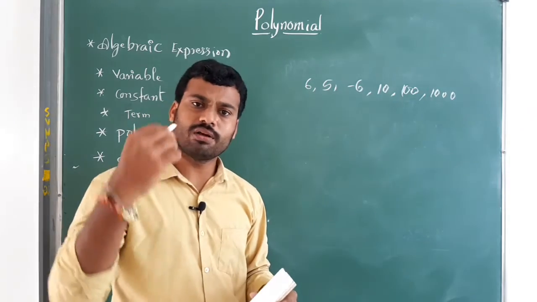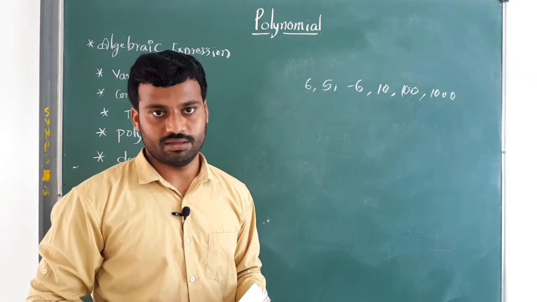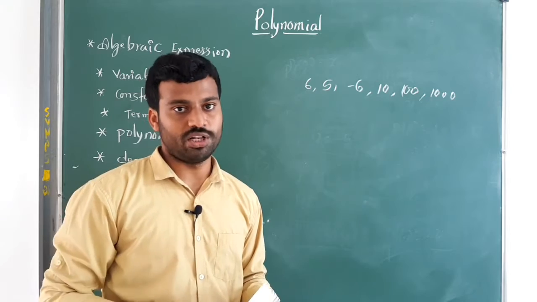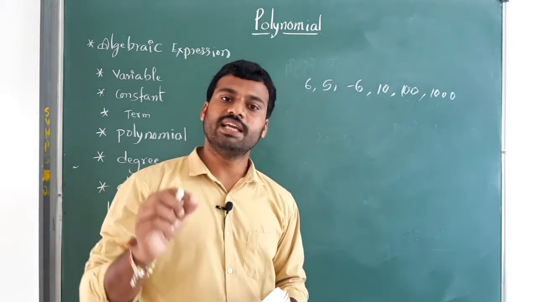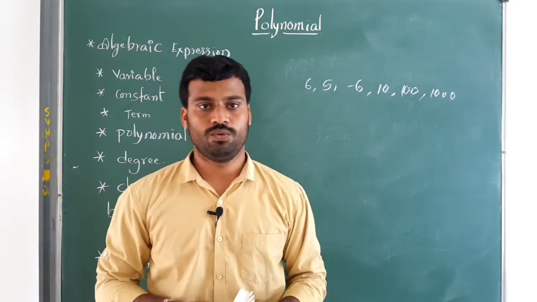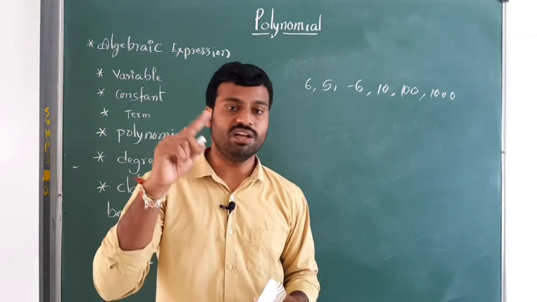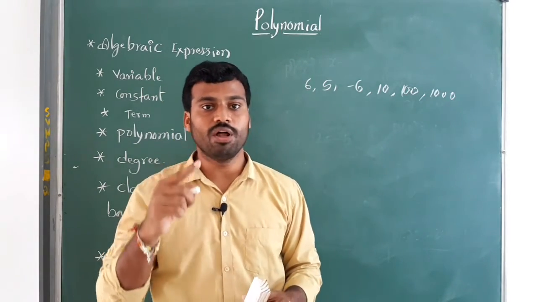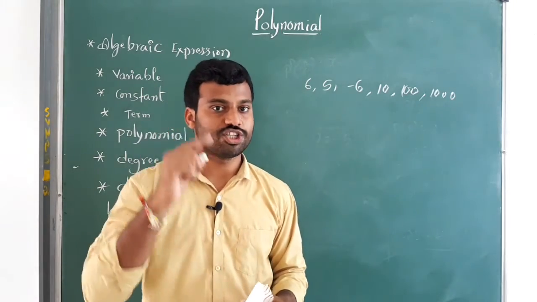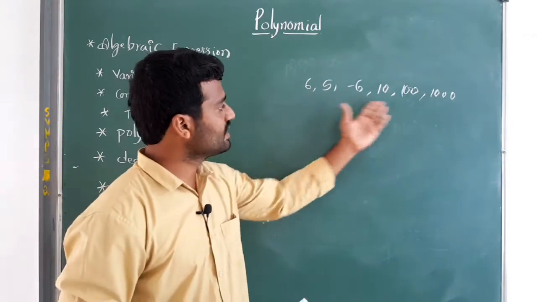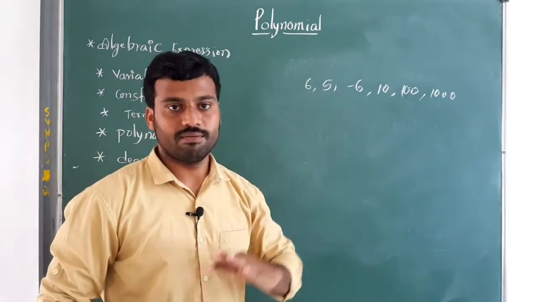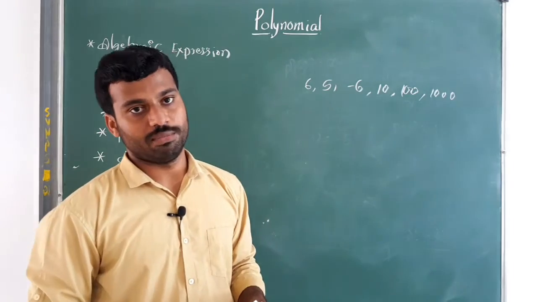All constants are polynomials, called constant polynomials. The degree of the polynomial is 0. If the degree of the polynomial is 1, it is linear. If the degree of the polynomial is 0, then that is a constant polynomial. All numbers will come under the constant polynomial.